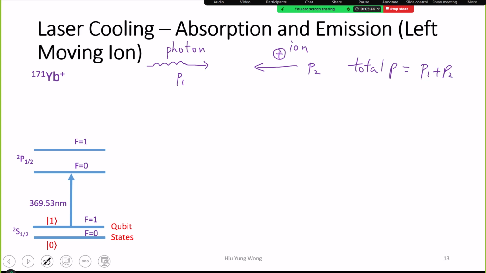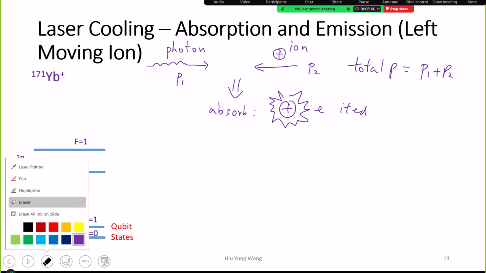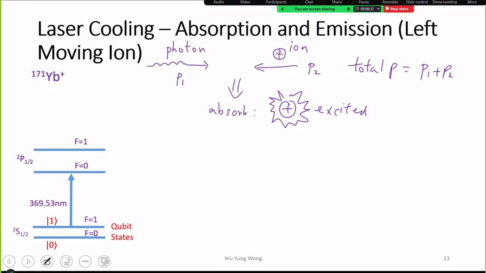Make sense? Okay. Now, then maybe it got absorbed. So maybe the ion absorbed, have absorption, then it will go to the excited state. Excited state.